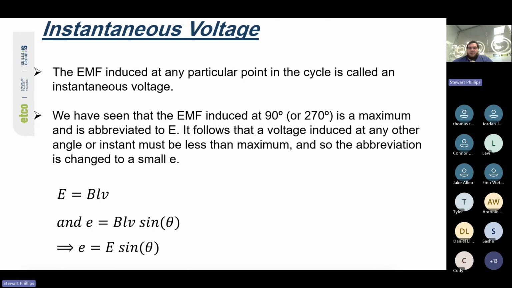Okay, Connor and Cody, how did you get that number? And Sasha, how did you get that number? So again, at 30 degrees, we have an instantaneous voltage of 90.